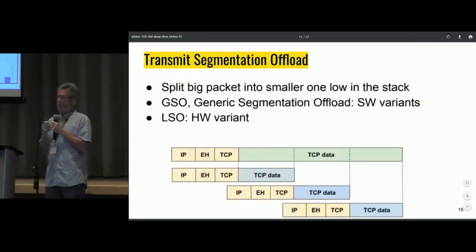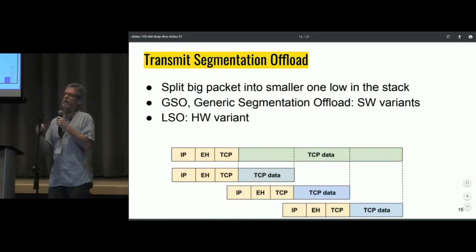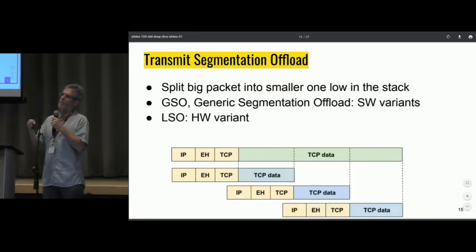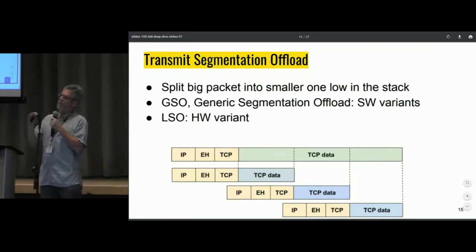There are two forms of this, one on transmit and one on receive. On transmit segmentation offload, the idea is the host produces a large packet, say a 64K TCP segment, and we want to break this packet up into smaller chunks for sending out into the network, which may have, say, a 1500 byte MTU. So we want to do this as low as possible.